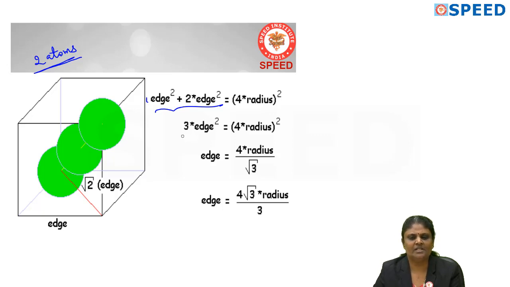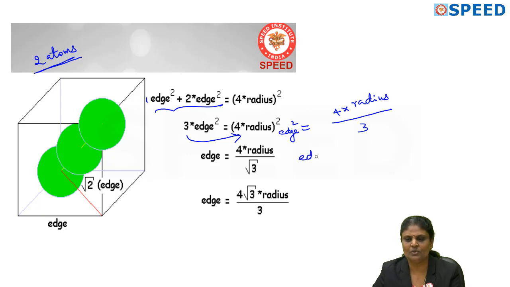And then 3h square. So h is equal to, you write, h square. So I have to carry over the number first. So 4 radius divided by 3, this is in square. So now you calculate h.